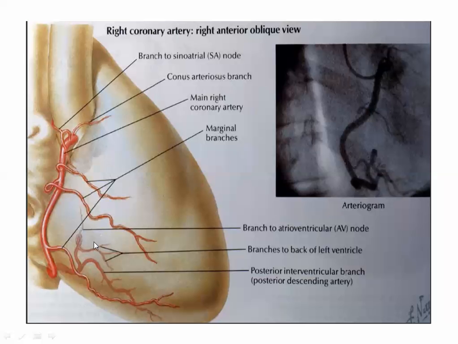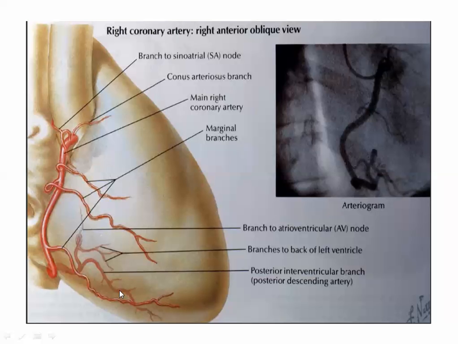So if the PL is obstructed, the patient will suffer from complete heart block. It's a very important branch. The PL gives the AV node, while the SA node comes from the RCA as the first branch.